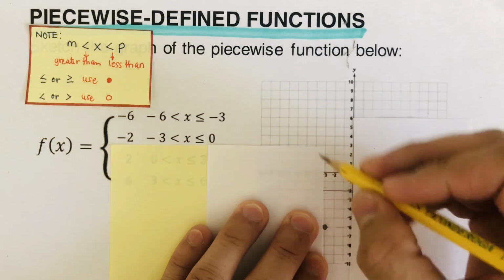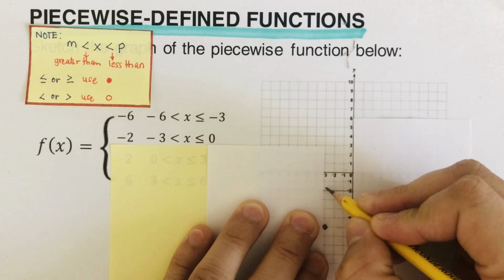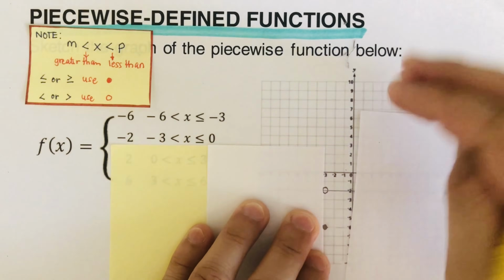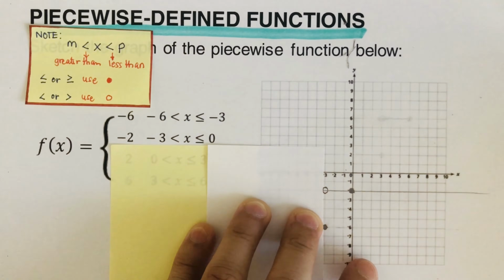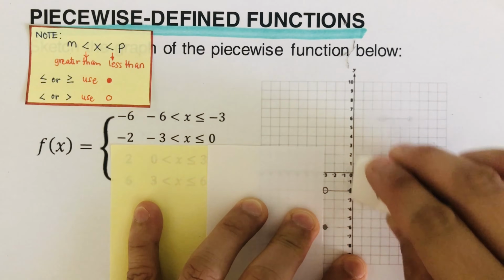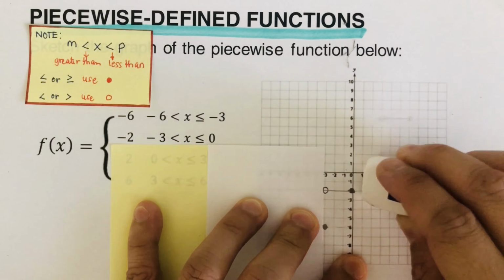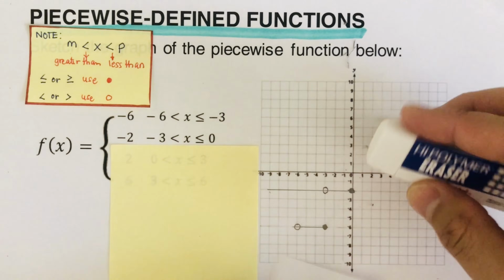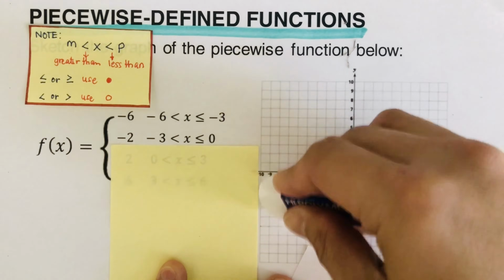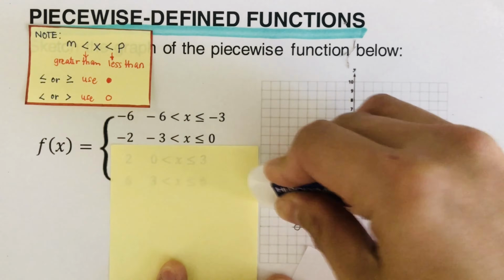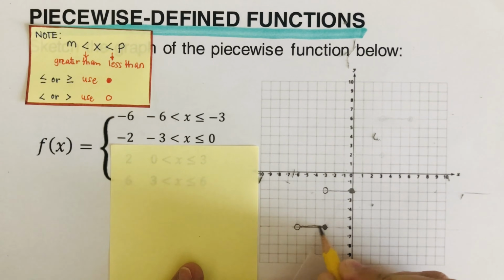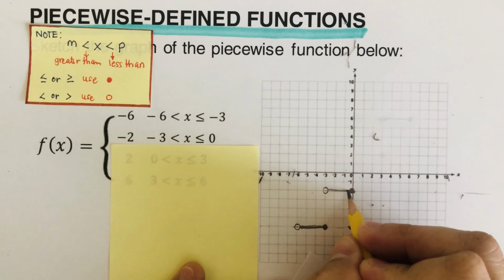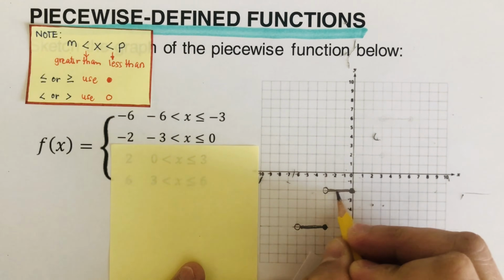It's going to be an open circle on -3 and a closed circle on 0. I have to erase all the rest of the parts because I only consider x greater than -3 and x less than or equal to 0. So only this part in the middle of these two dots is included in this function.